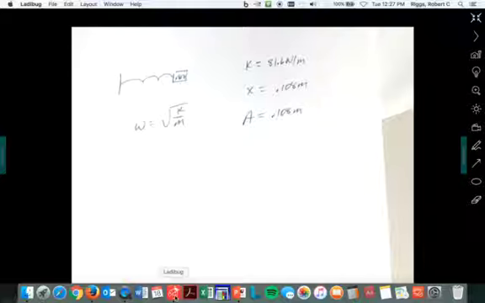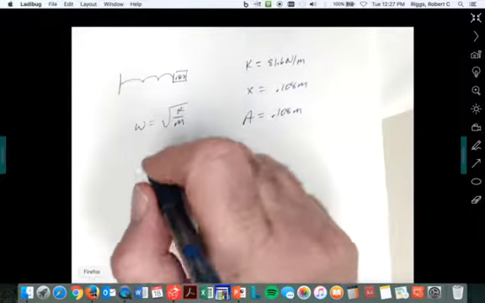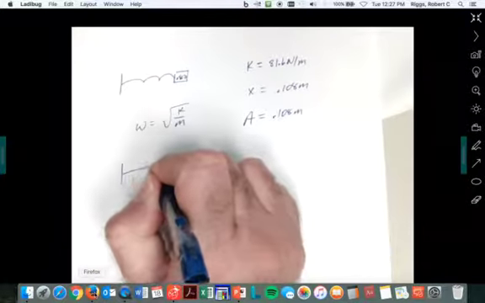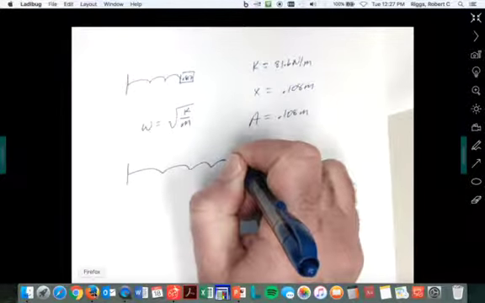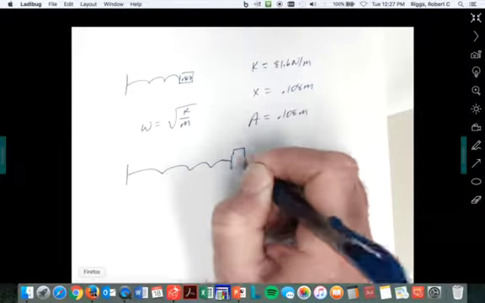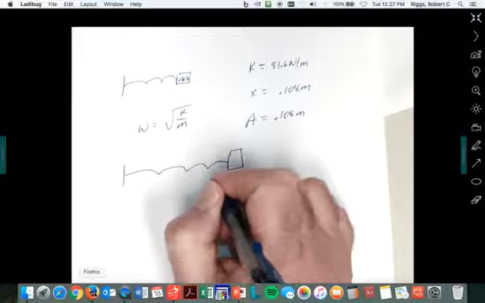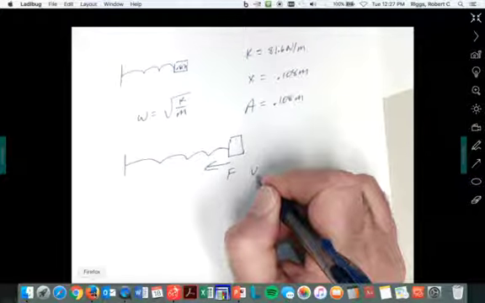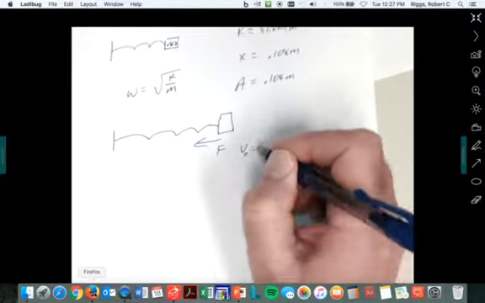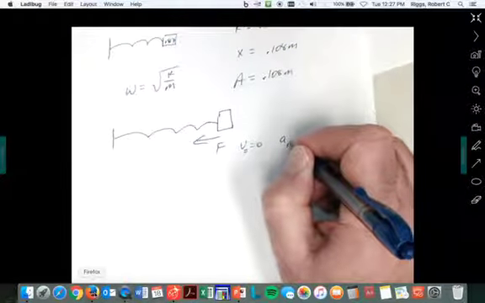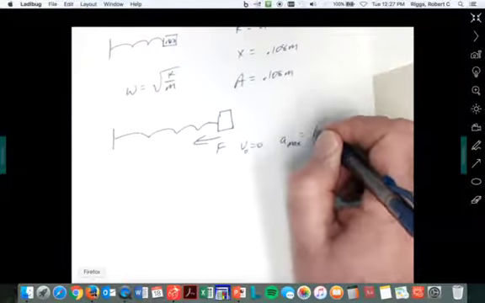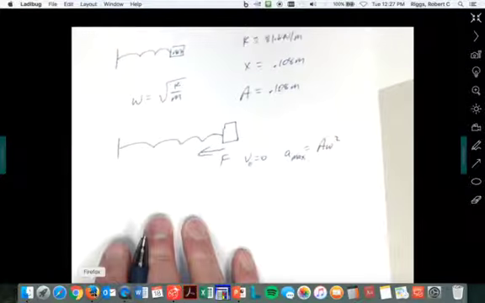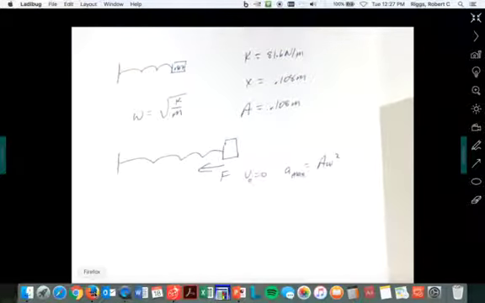So let's take a look. We pull the block out like this, and it's going to have a restoring force going this way. Its initial velocity is going to be 0, but its a max is going to be negative, and that's going to be A omega squared, where omega is equal to the square root of k over m.